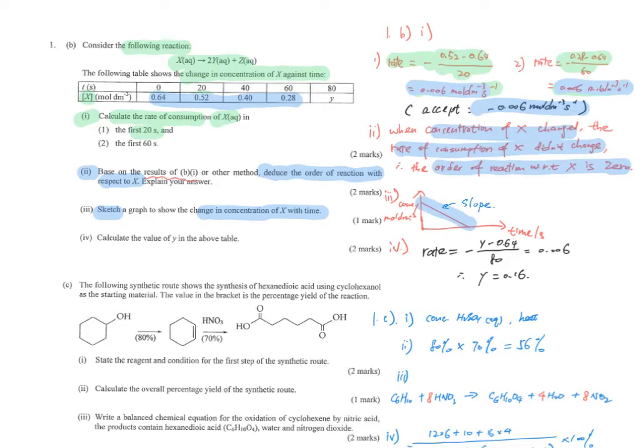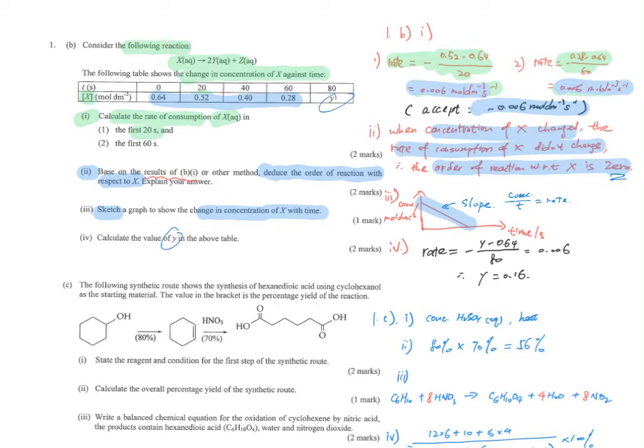Use concentration divided by time, then you can find out the corresponding rates. So the slope is unchanged, that means the rate is unchanged. So even if concentration changed, the rate is unchanged. So zero order here.